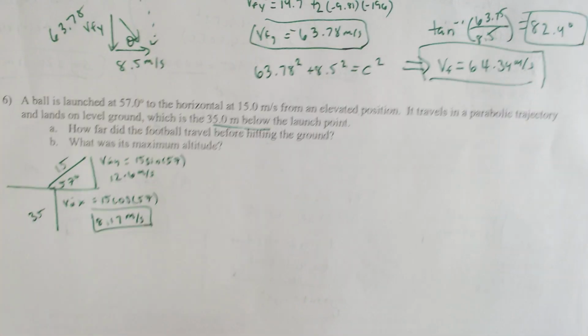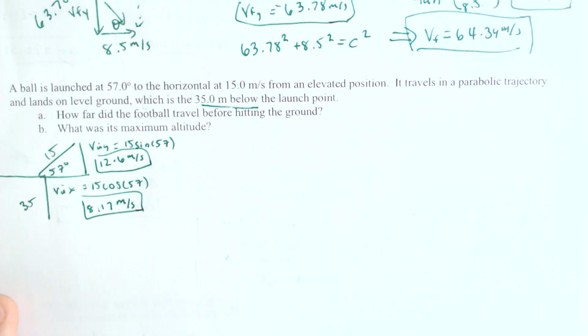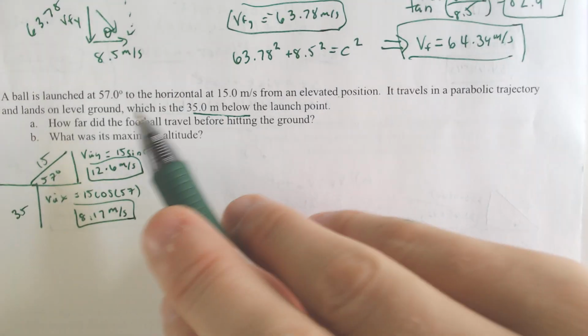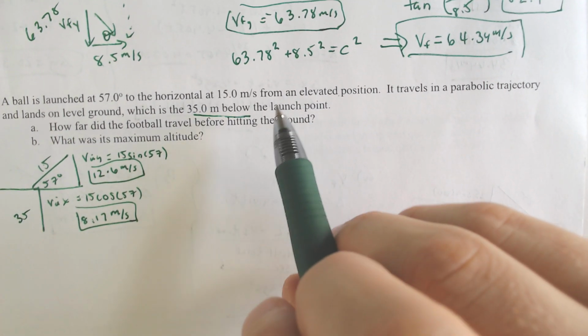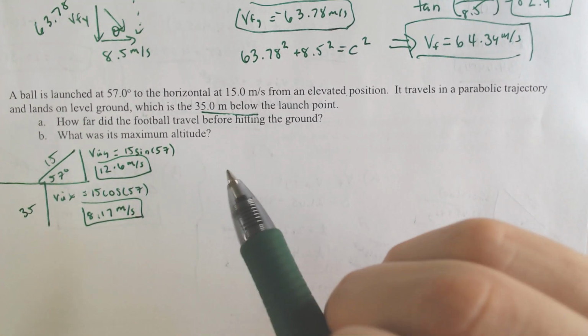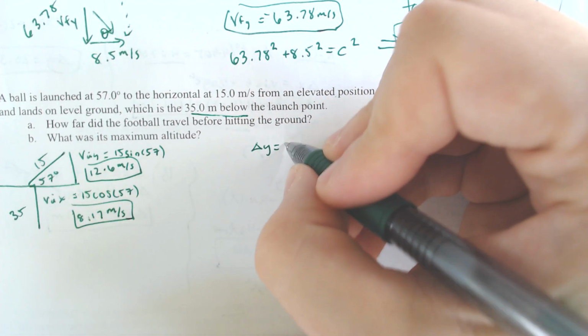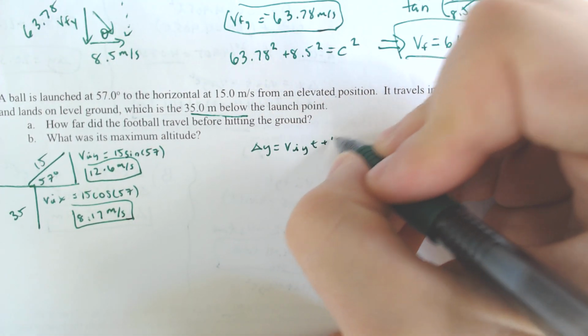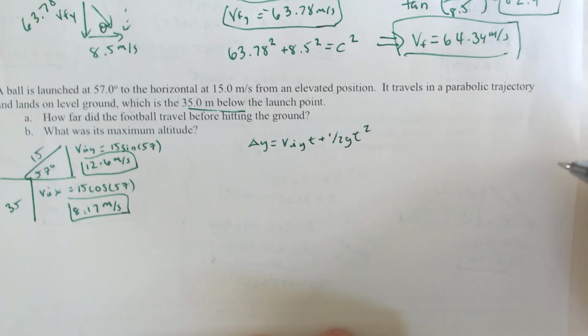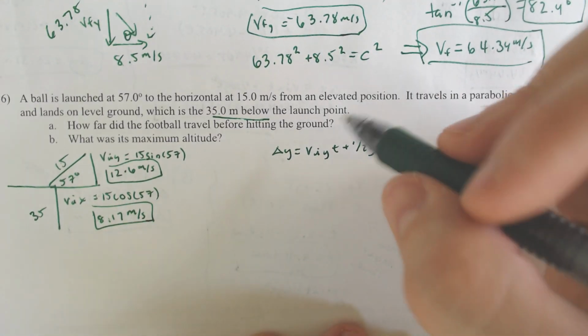All right, so those two things are there. Now we have information available that we can use. How far did it fall before hitting the ground? I think we're going to need the time, and I'm going to get the time with, again, my old faithful: delta y equals VI for y times time plus 1/2 g t squared. So delta y is not 0.